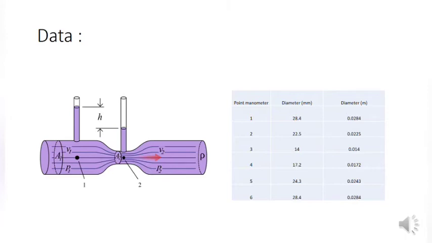So it will come out with a different level of water on the manometer. Okay, the data given is in millimeters, but I changed it to meters for ease of calculation. Next, the flow of fluid is from this side to this side.